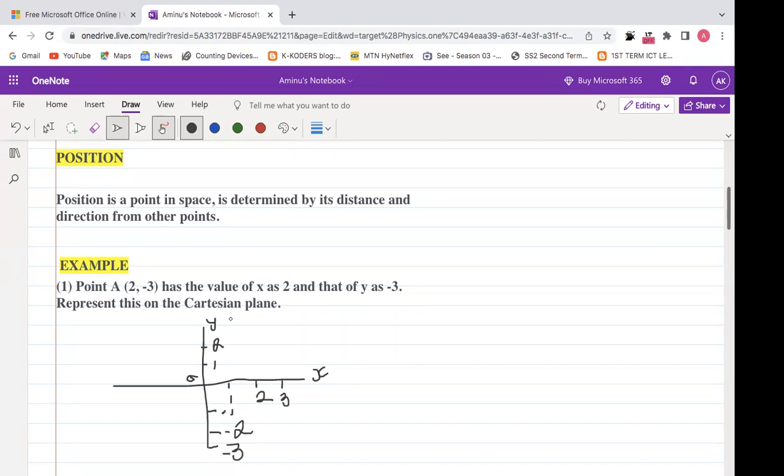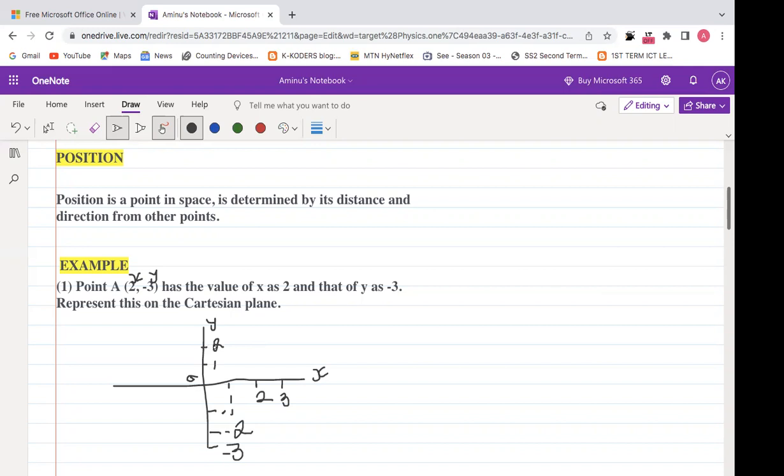So if we were to plot this point, the first number in the coordinate is the x, called the abscissa, and that of y is called the ordinate. So we can pick out our points by simply tracing x and y.